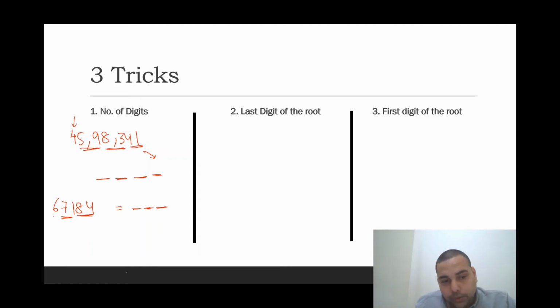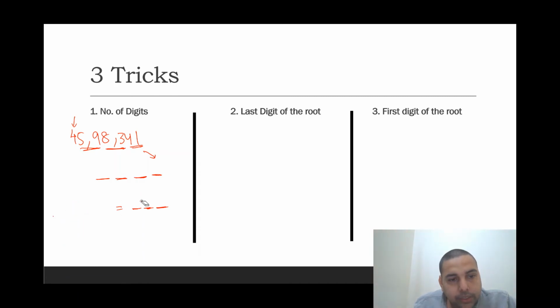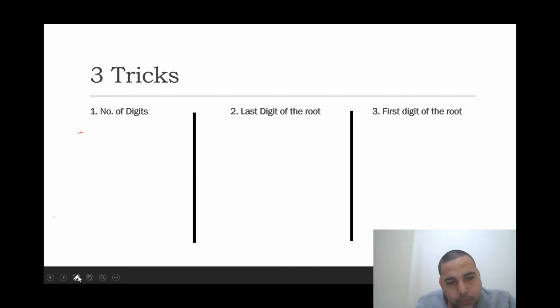Okay, how do I do it for cube root? For cube root, I do it in groups of 3. Okay, I drew it in groups of 3. So how do I do it? Suppose I have a number like this. 1, 2, 5, 8, 7, 3, 7, 3. Okay.